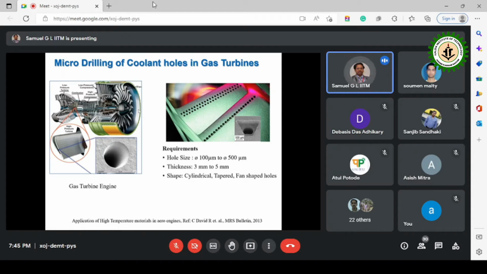Then the second one is that they have micro holes which are drilled, and a coolant fluid is circulated, and then the heat is taken away.